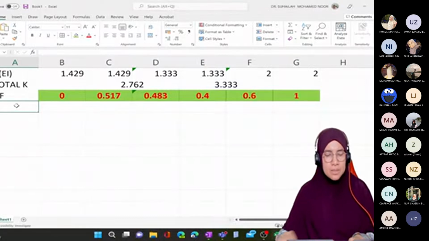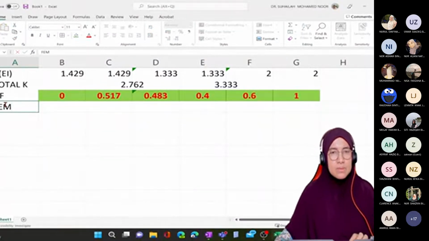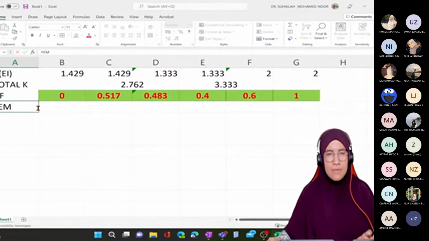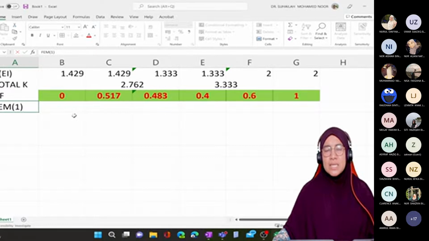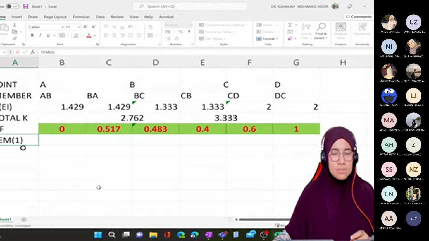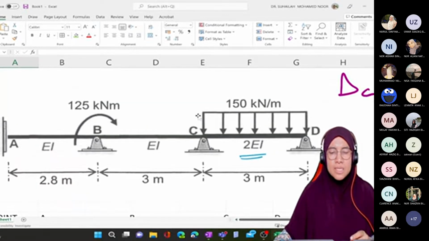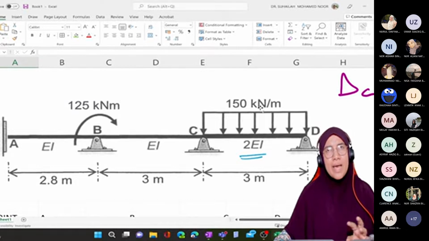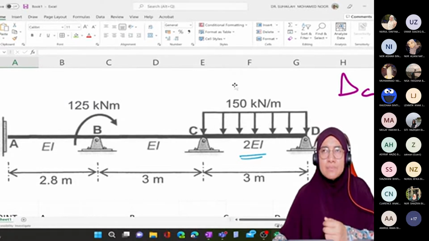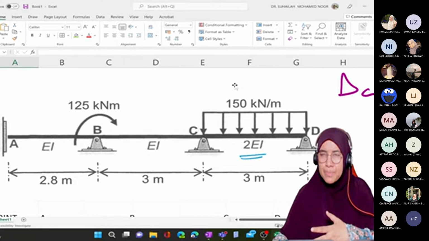FEM number 1, FEM1, due to external loading. This is just like the stiffness method.